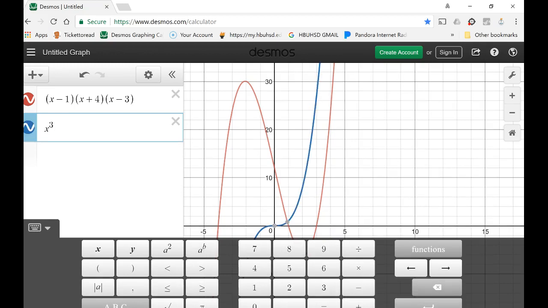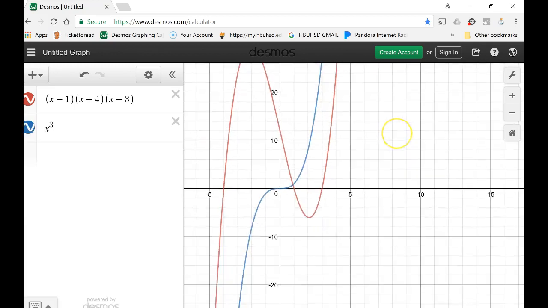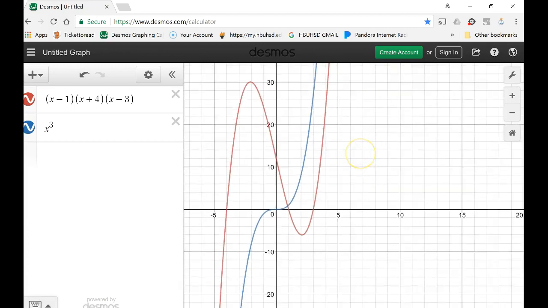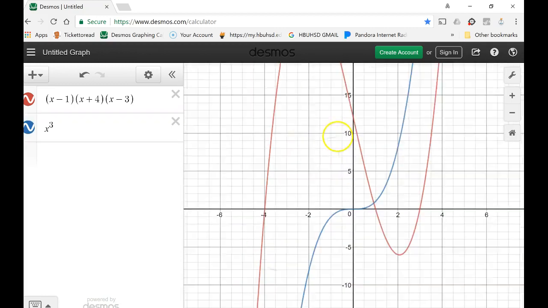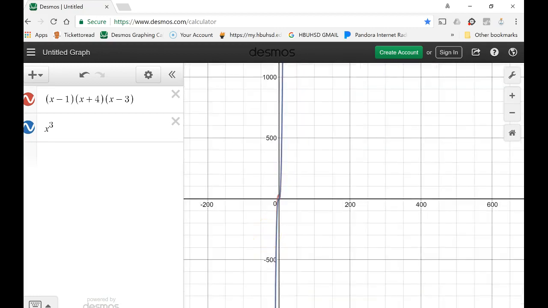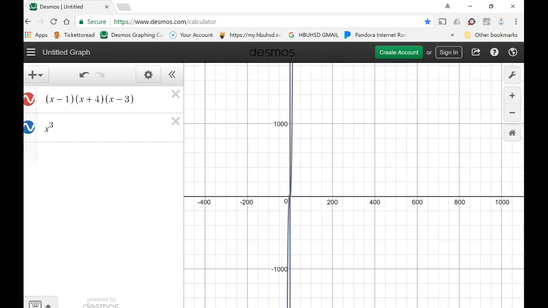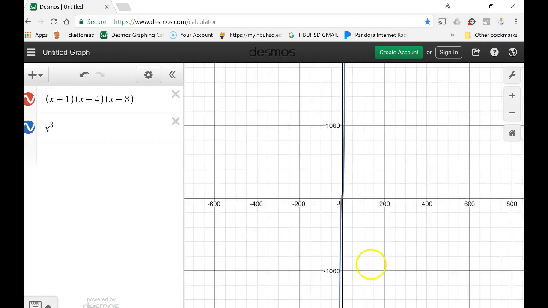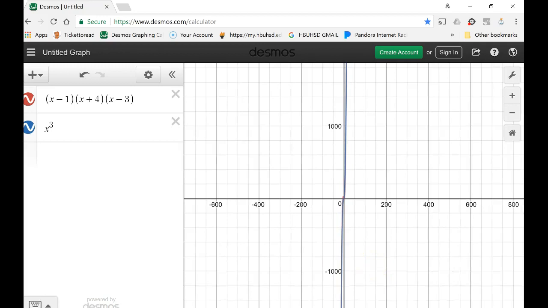Now, let's talk about the power function, or the end behavior. The end behavior is really talking about what happens when x gets really big, in the thousands. Can you see that the two functions, the red and the blue, are almost identical?